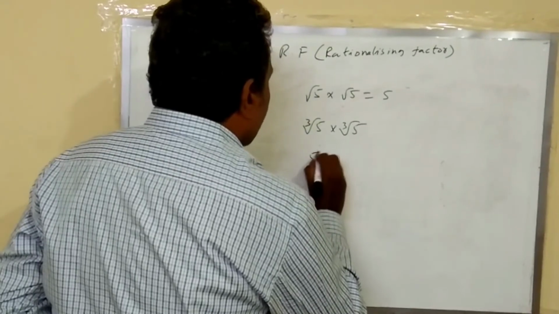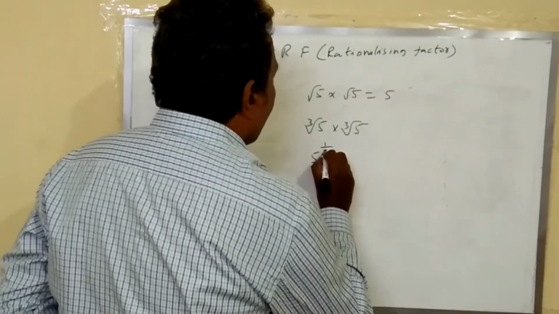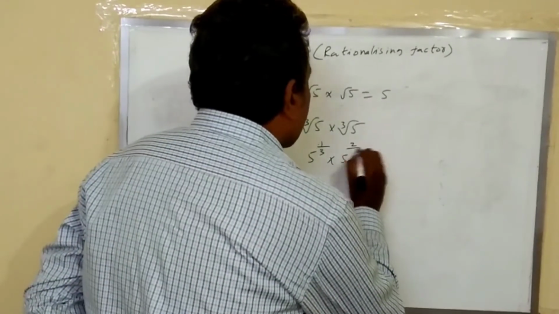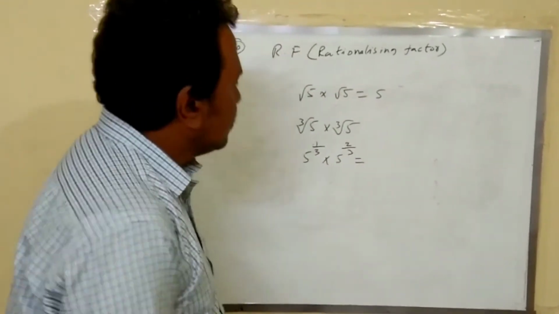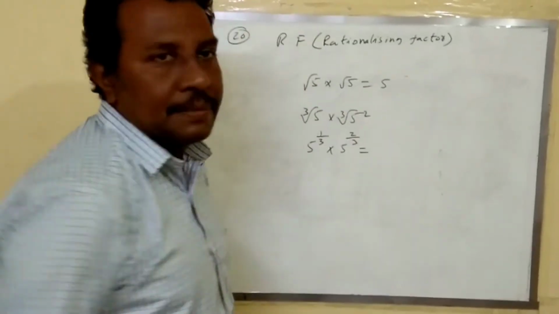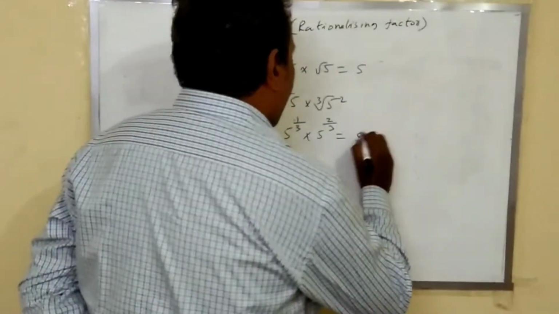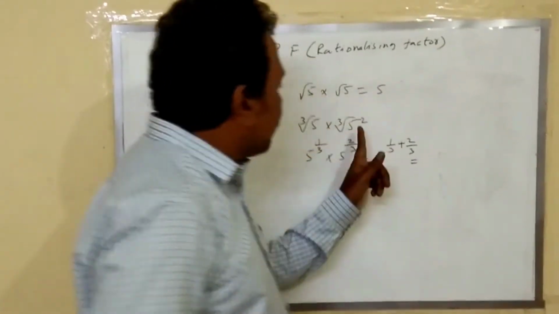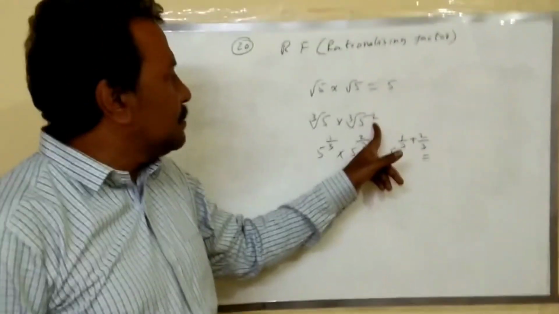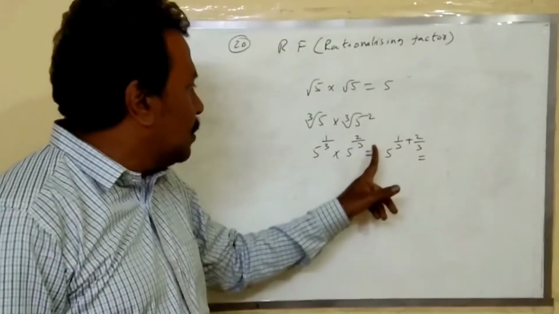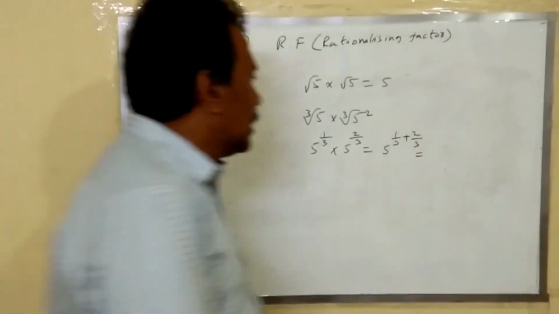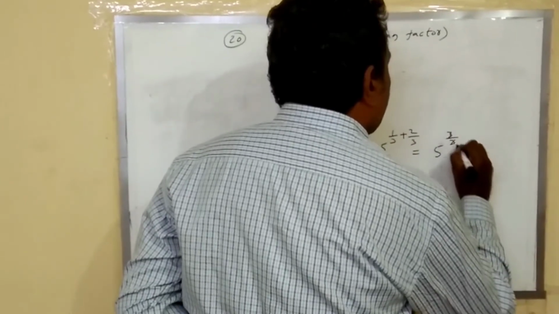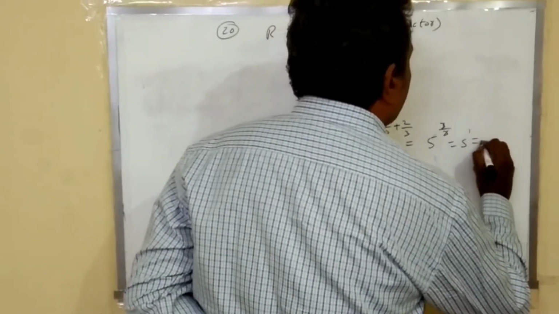Cube root of 5 is 5 power 1 by 3, into 5 power 2 by 3. Why did I keep a square here? Because 1 plus 2 is equal to 3, which can be written as 5 power 3 by 3. Here 3 and 3 cancel, giving 5 power 1, which is equal to 5.